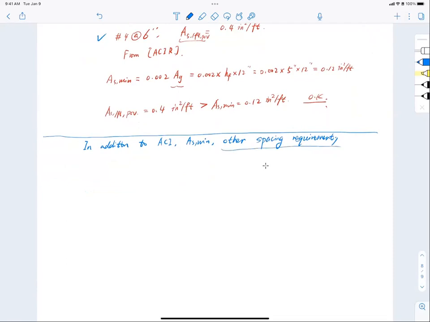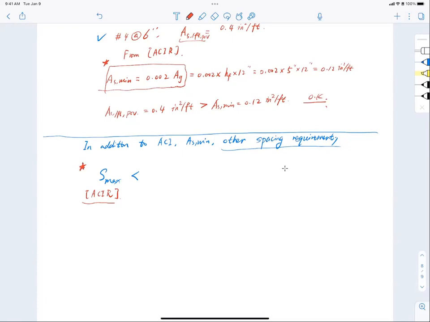For reinforcement we say minimum, but for spacing we have to say s max, the maximum spacing. The maximum spacing per ACI is again in the ACI commentary, not in the 318, so you might want to write down these equations and keep them in your crib sheet.